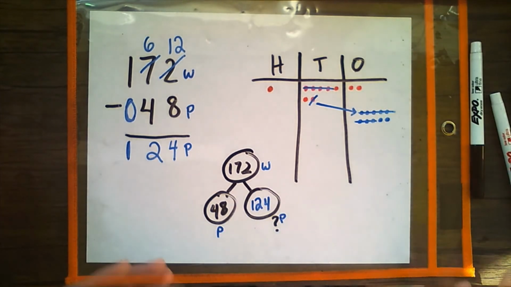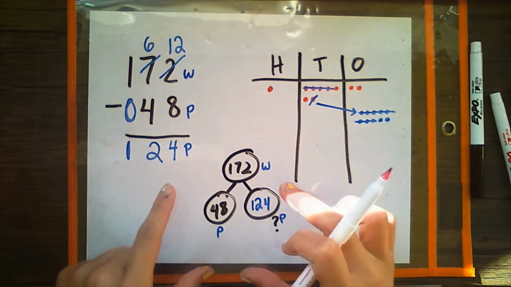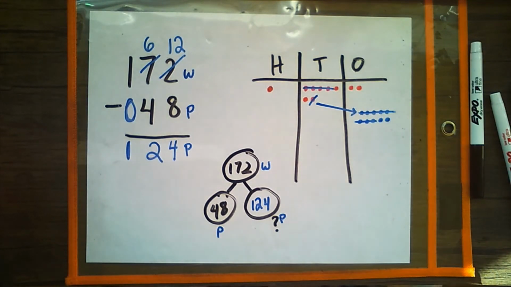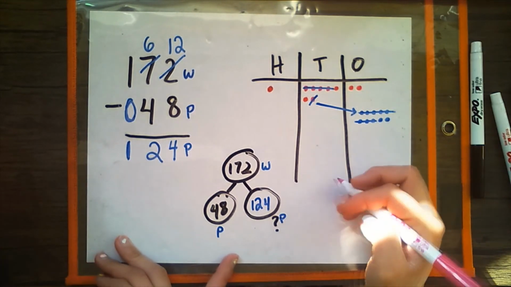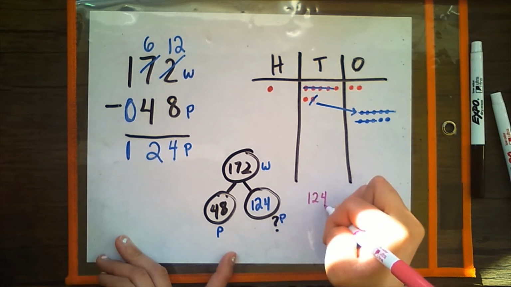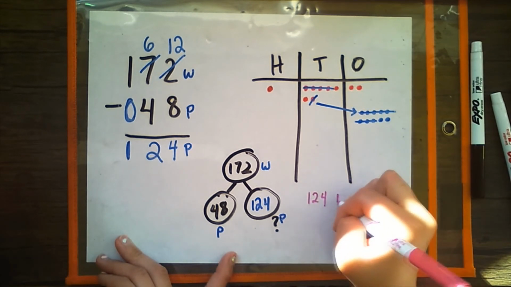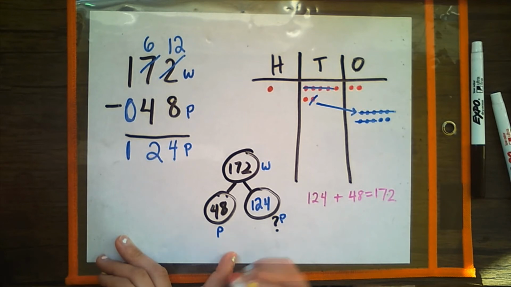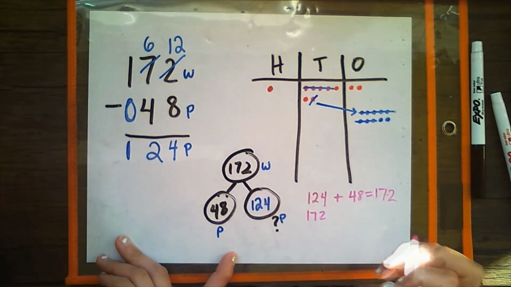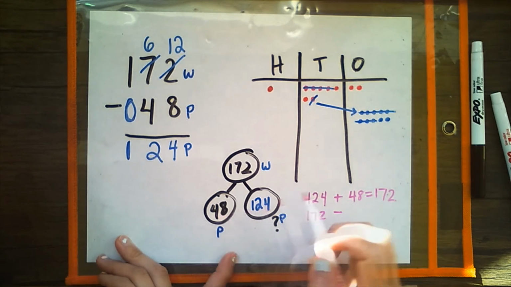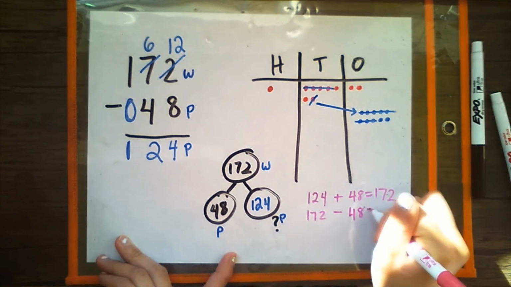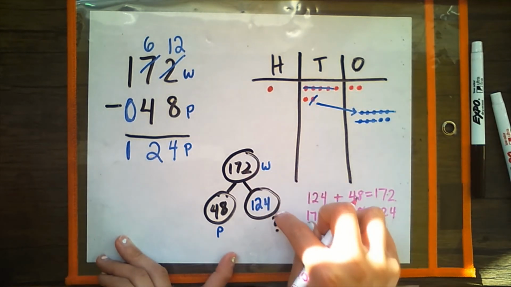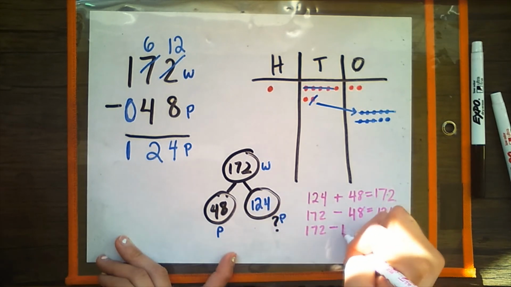Let's make some addition and subtraction number sentences for our number sentence and for our number bond. They are related. So this goes back to our fact family. 124 plus 48 equals 172. 172 minus 48 is 124. 172 minus 124 is 48.